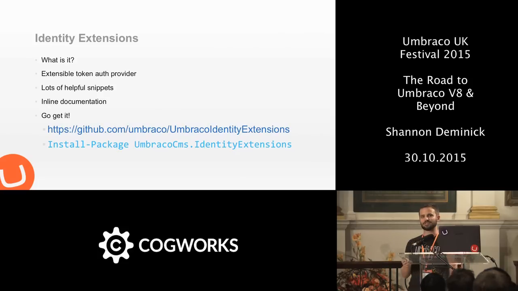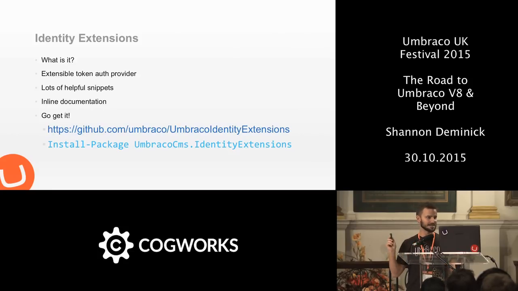The next one, which hasn't really been discussed much at all, is something called identity extensions. Again, like the REST API, we're going to release this out of band, and it's a very small package that's on NuGet. The REST API actually references it as well, and it's just a way to make developing against ASP.NET Identity and Umbraco a bit easier.